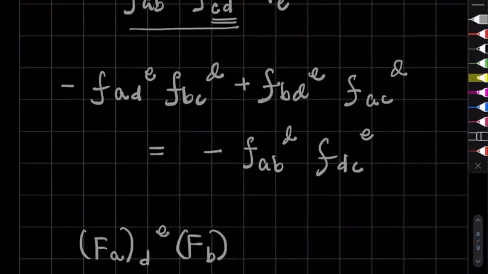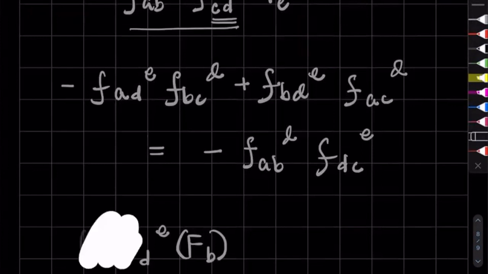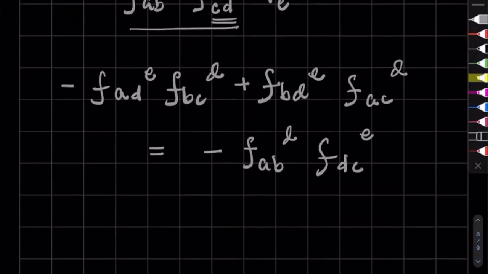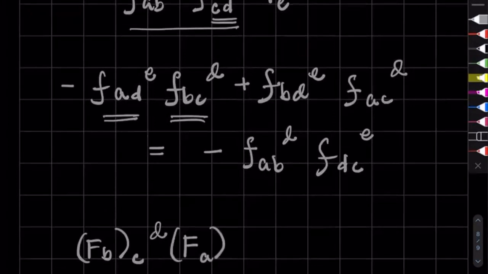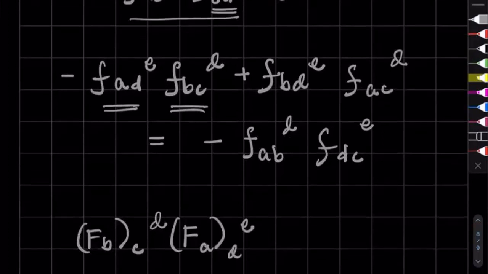Yeah, sorry. So we basically get, yeah. So this thing is f_B, its CD element, and this one is f_A, its DE element, and then we have a minus sign.